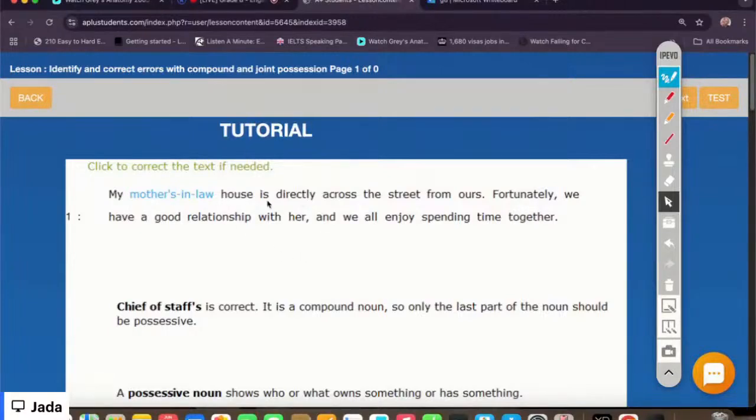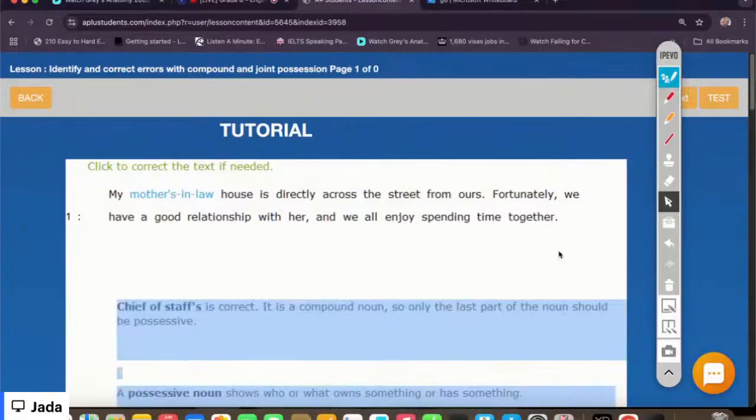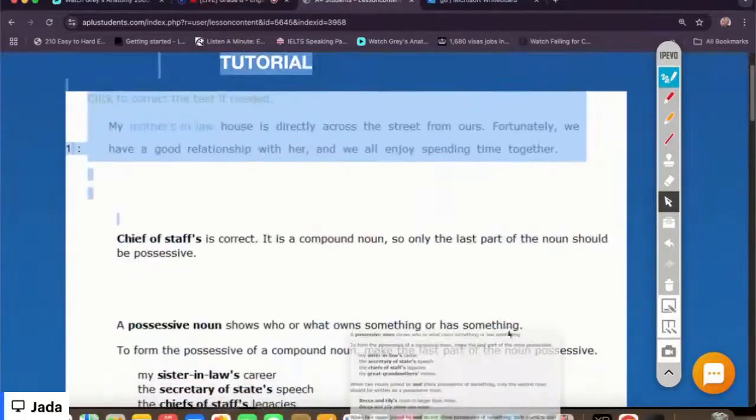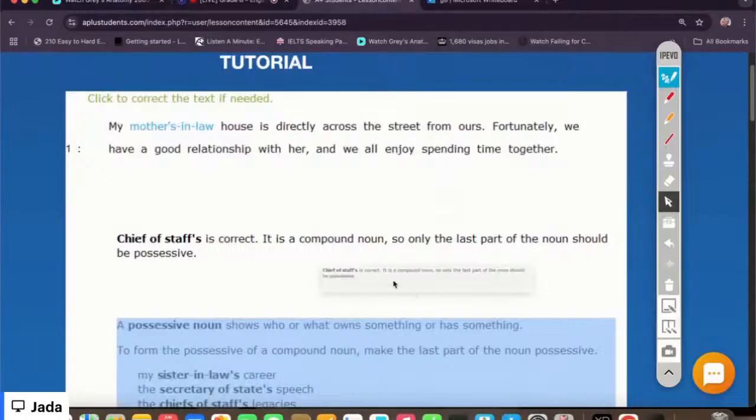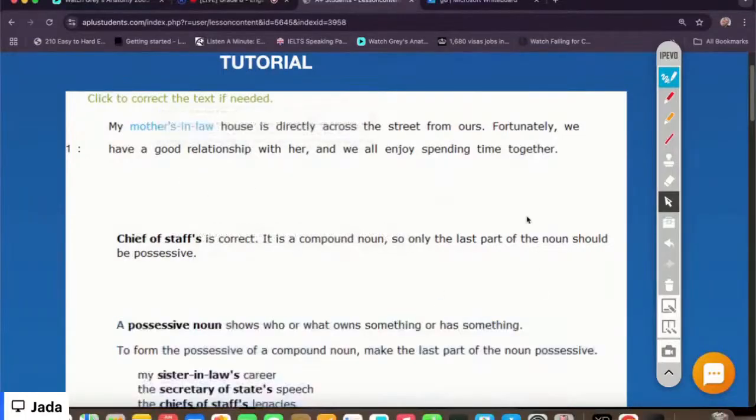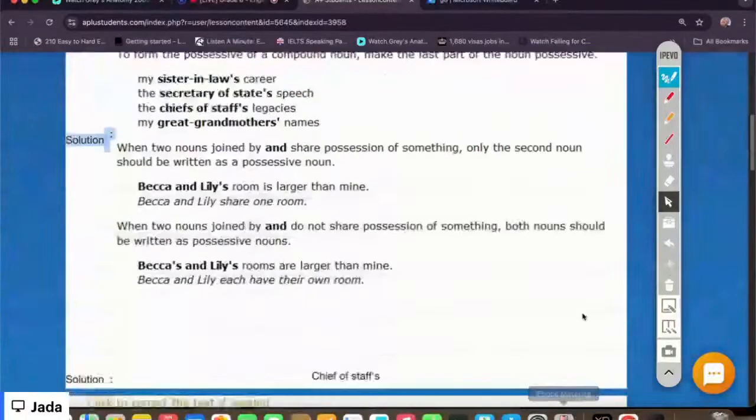My mother's in law house is directly across the street from us. Fortunately, we have a good relationship with her and we all enjoy spending time together. As you can see here, it says mother's in law, but that's wrong because we need to put the possession at the last part. So it's supposed to be in-law's that has the possession form.